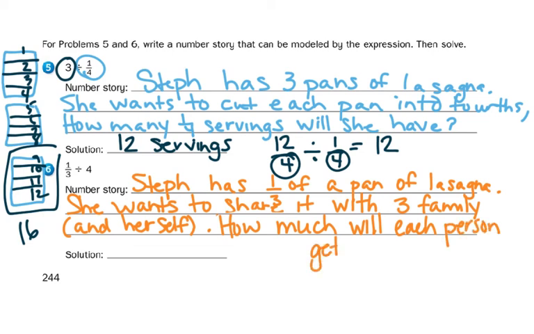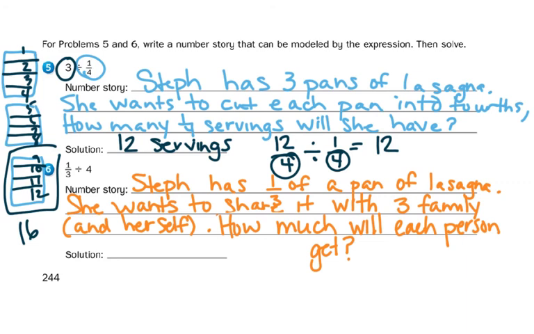So if you think about it, our answer has to be less than 1/3. If I only have 1/3 of a pan of lasagna and I have to divide it, my denominator, the number of pieces, is going to get bigger, right? So instead of thirds, it might become sixths or twelfths. So let's go ahead.